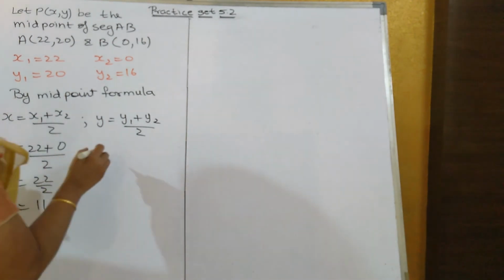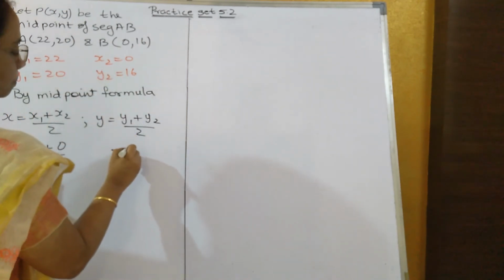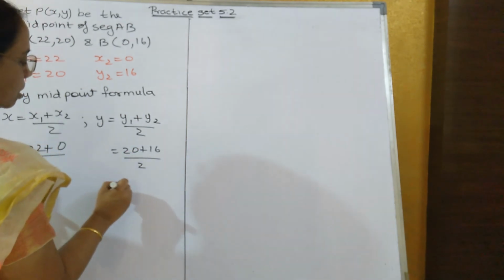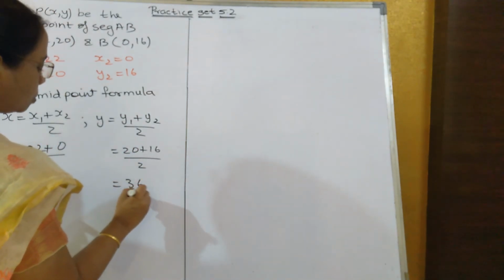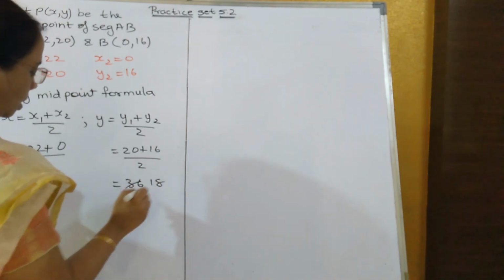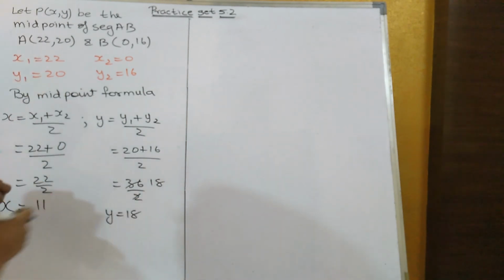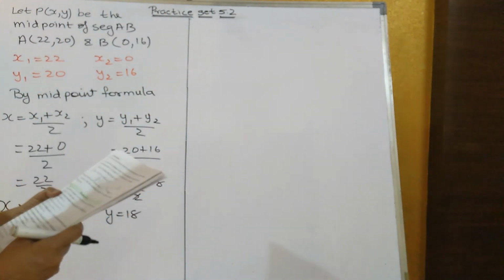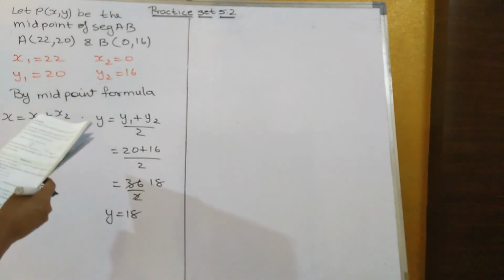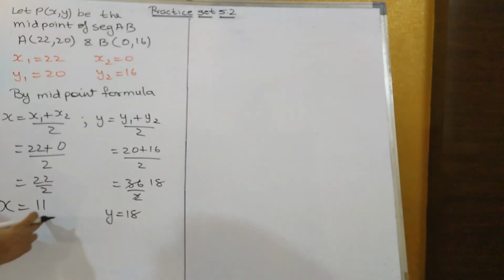Similarly for y, y1 plus y2, that is 20 plus 16 upon 2, so that's equal to 36 upon 2, so y is equal to 18. So the coordinates of the midpoint of the segment joining (22, 20) and (0, 16) are (11, 18).